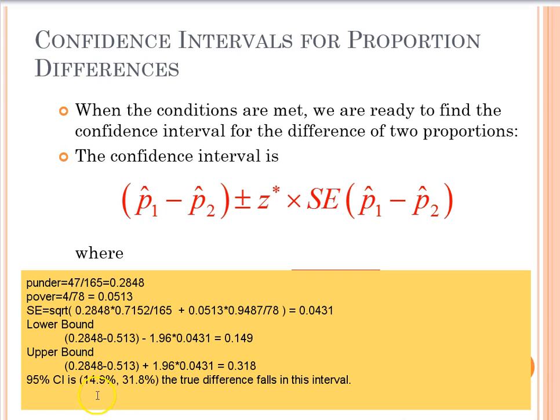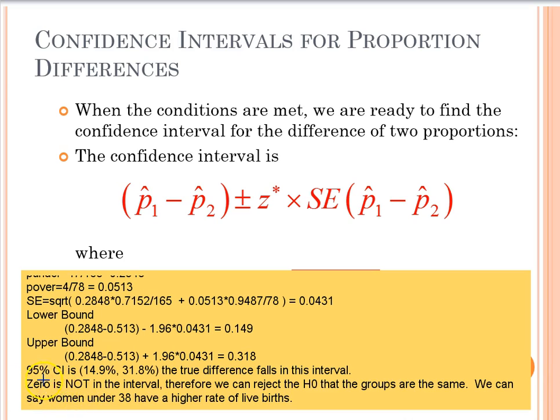When we convert that to percentages, we can say that we are 95% confident that the true difference falls somewhere between about 15% to 32% more for women over the age of 38.